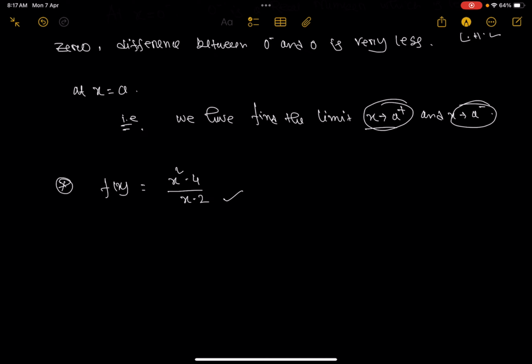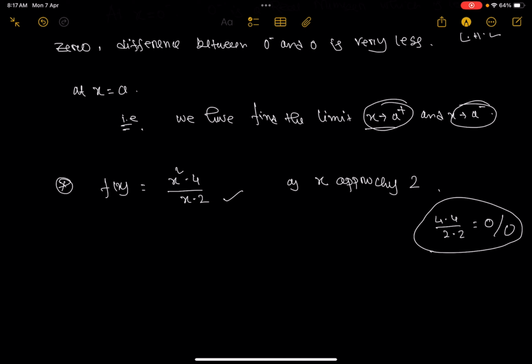As x approaches 2, if x equal to 2, then 4 minus 4 by 2 minus 2, this is 0 by 0. This is one of the indeterminate forms.